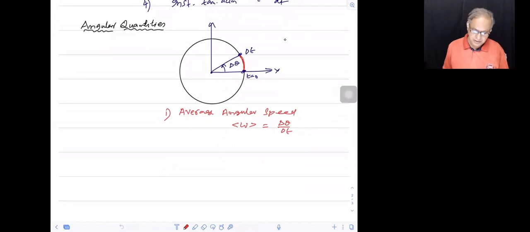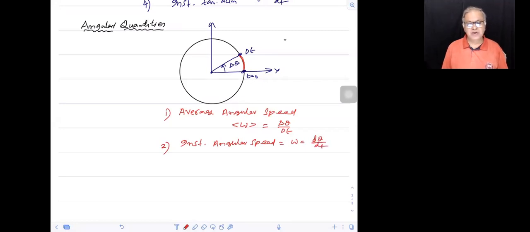Right. Second is instantaneous angular speed, which is equal to the limiting value of this. I need not write it again and again. Can I write it as omega equals d theta by dt straight away?